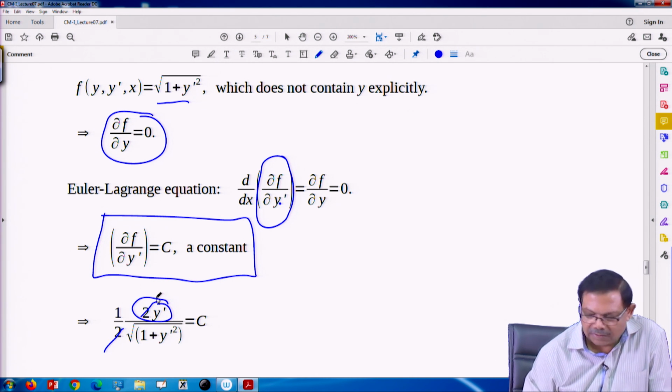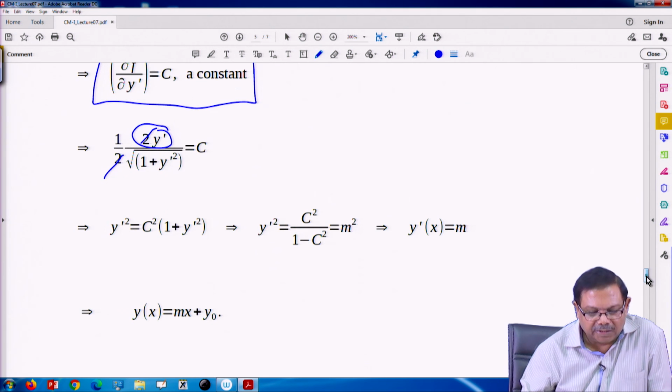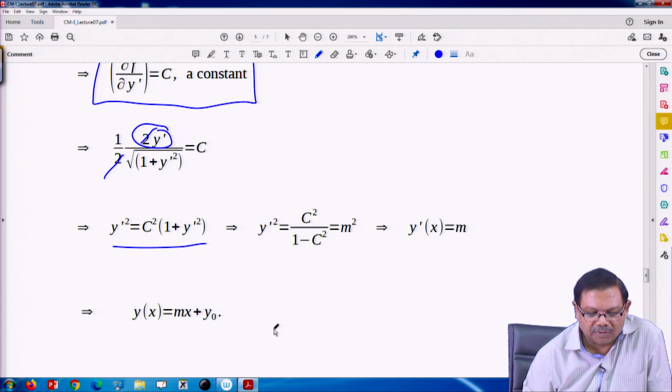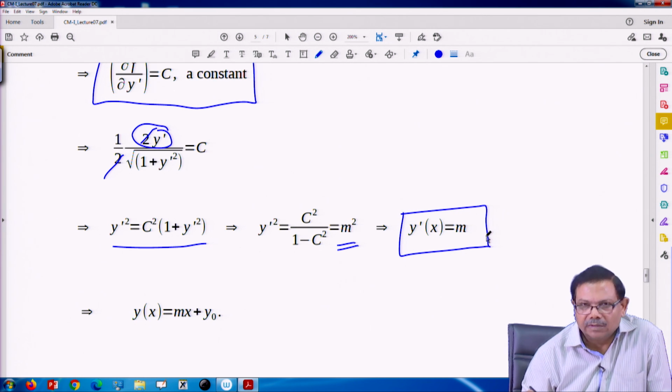So, this 2 cancels, and we get the expression y prime by root of 1 plus y prime square equal to c. If I square both sides and rearrange, y prime square is c square upon 1 minus c square. So, y prime square can be written in terms of a constant c. This I call another constant m square, so the root of this gives y prime equal to m.